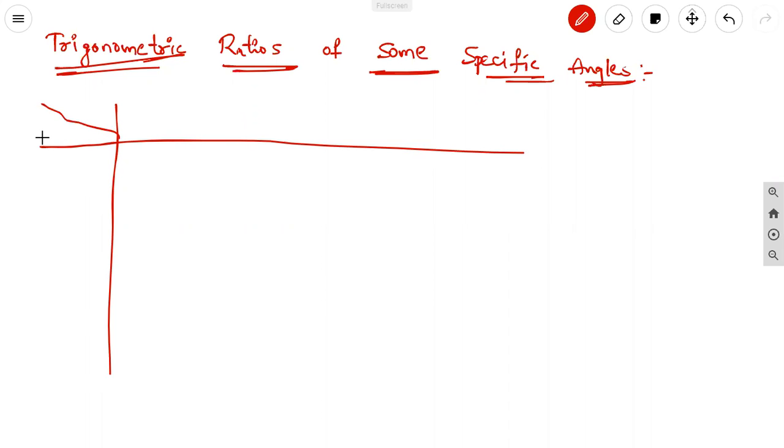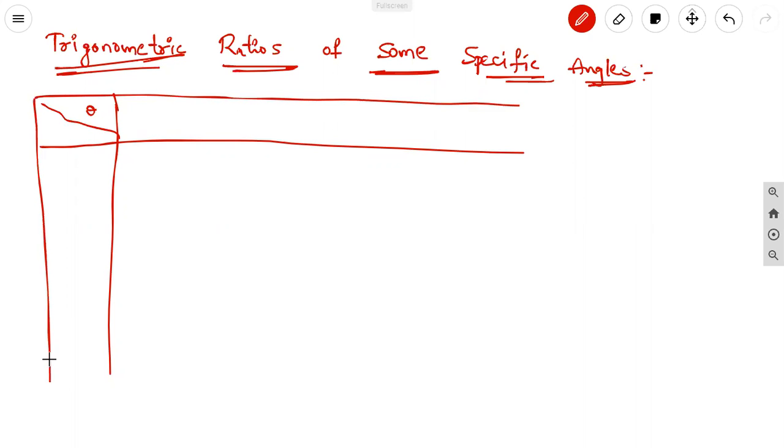These are the trigonometric functions: sine theta, cos theta, tan theta, cot theta, cosec theta, sec theta.